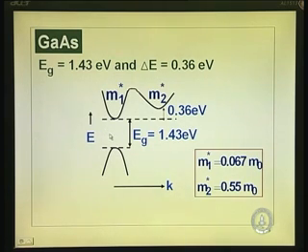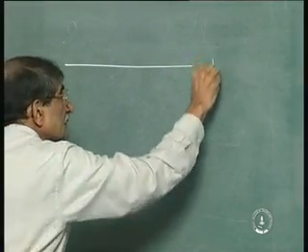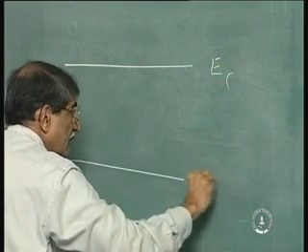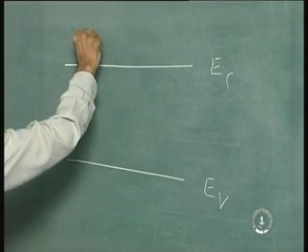As a result of this, what happens? This region is the bottom of the conduction band. I just want to make it clear by drawing the diagram. What we are talking of is EC versus EV if we plot. We are drawing those diagrams there, one corresponding to this region.